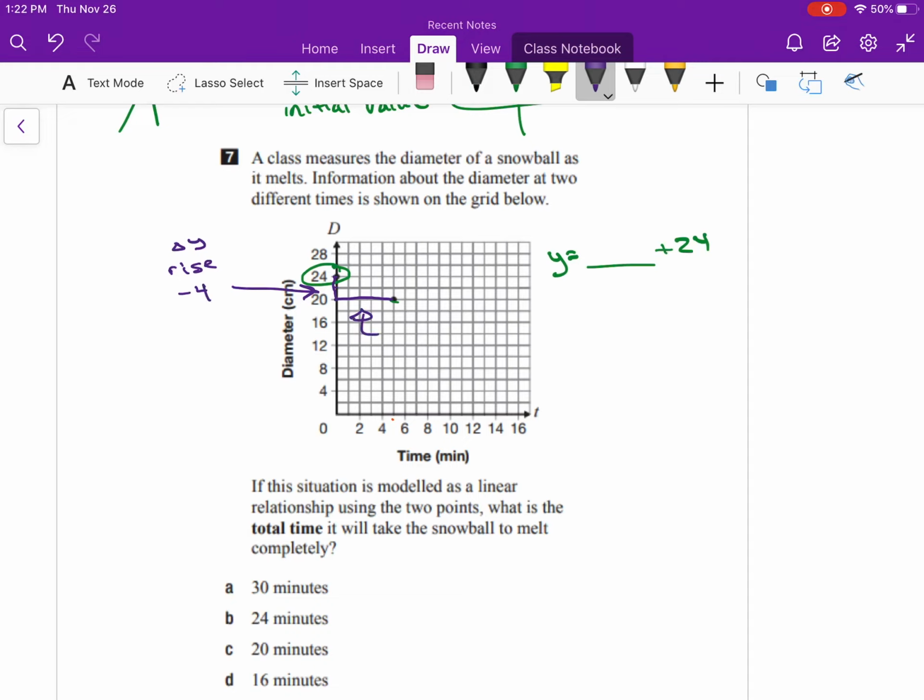Then we want to figure out the run, which is just the change in the x values. These are going up by 1, so we have 1, 2, 3, 4, 5. So the run is 5. Using rise over run, we have -4 over 5, which is -0.8.